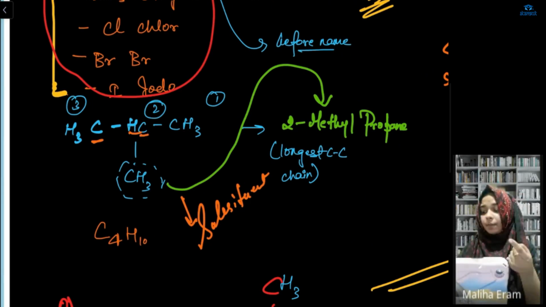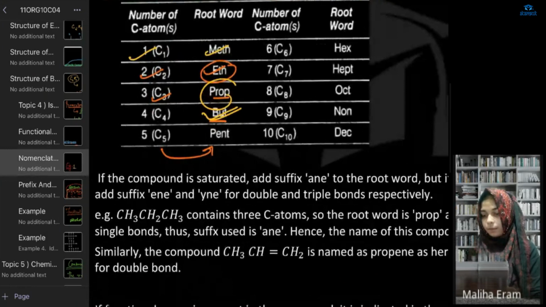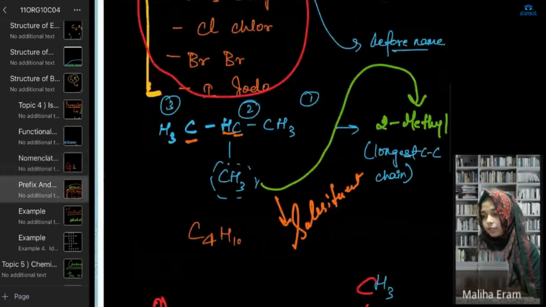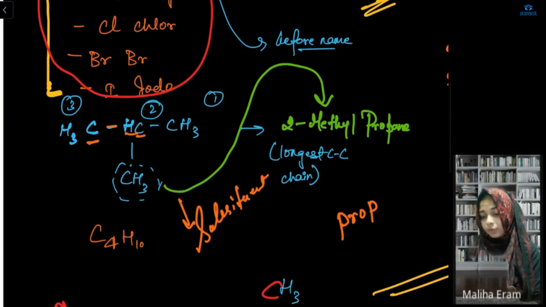So for 3 carbons, what was that? Prop. For 3 carbons, prop was there. So here we will write simple prop. And you can see that in all 3 we have single bonds, so it's ane. So it will be propane.